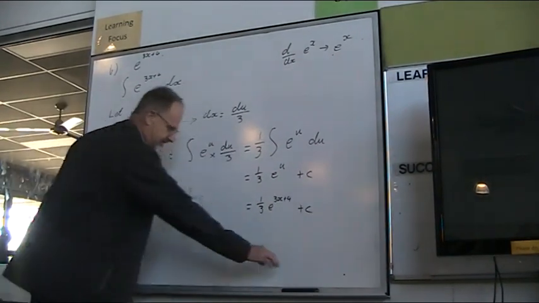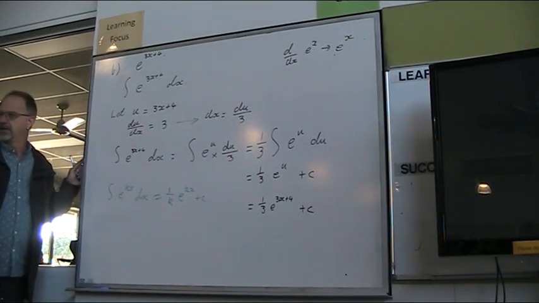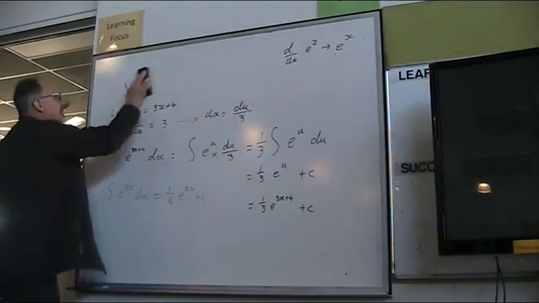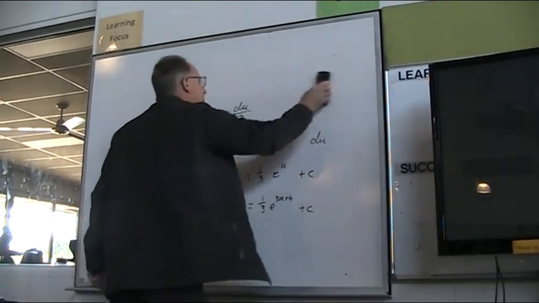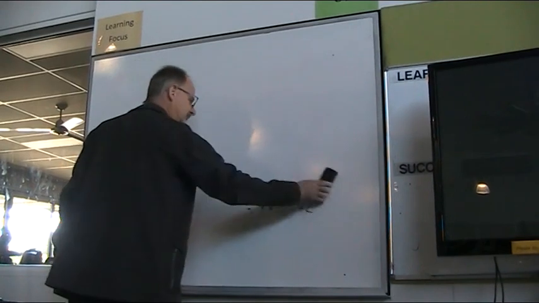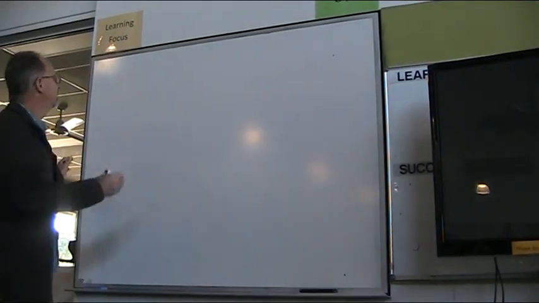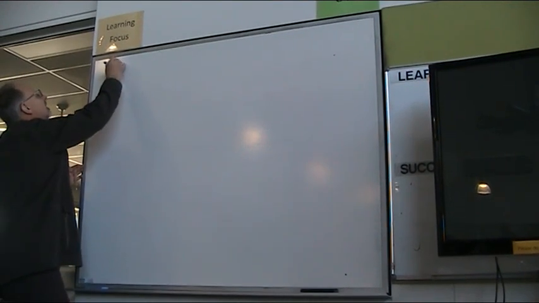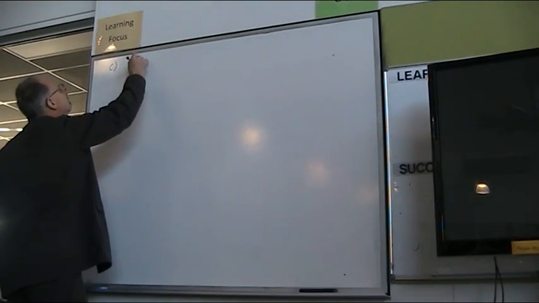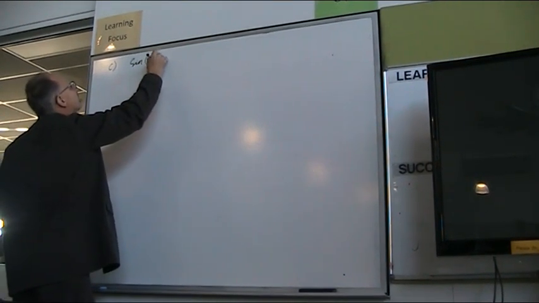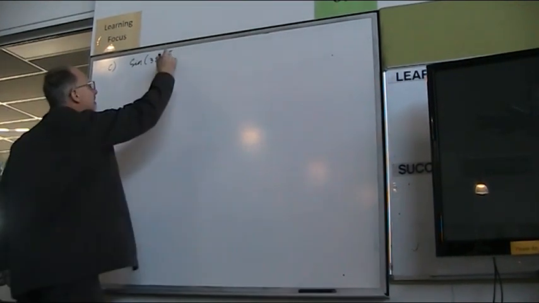Okay, alright. The next example, I'm going to use a circular function example. So what we want to anti-differentiate this time is sine of 3x minus pi on 4.